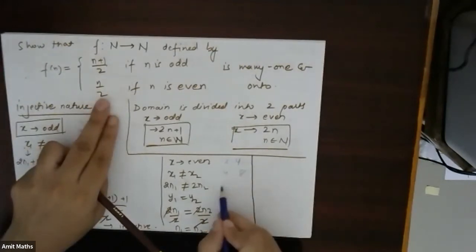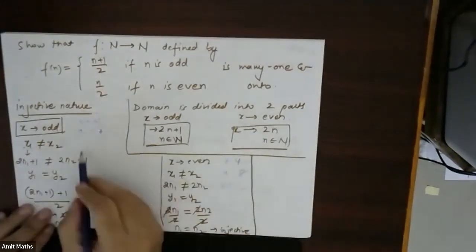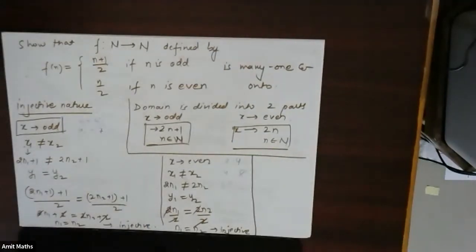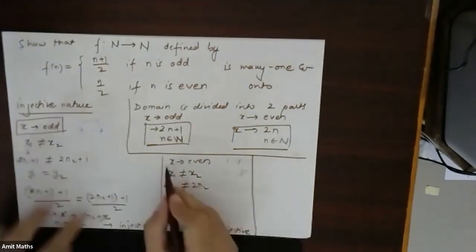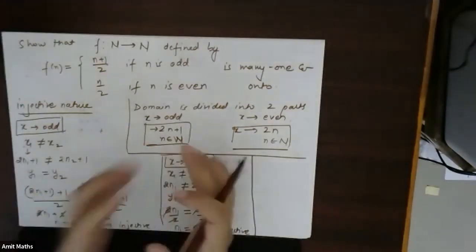So you will never get y1 equal to y2 in this case, and also in the other case. When both x1 and x2 are odd, or both are even, y1 and y2 will never be equal. That means individually they are injective in nature. These were the two cases, and they are of a similar kind.